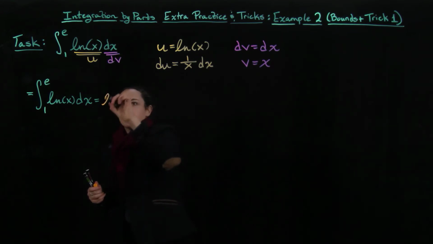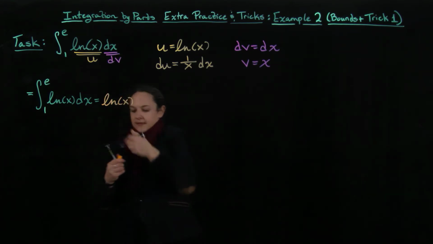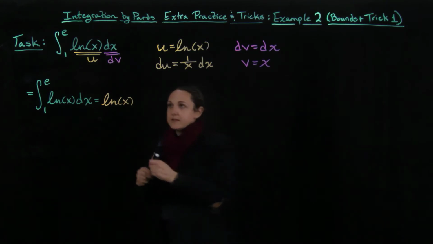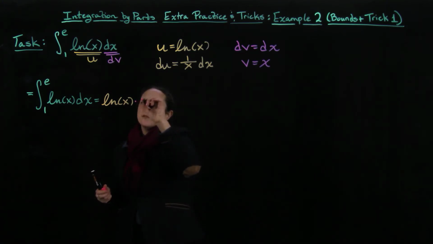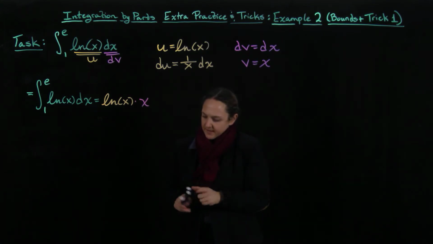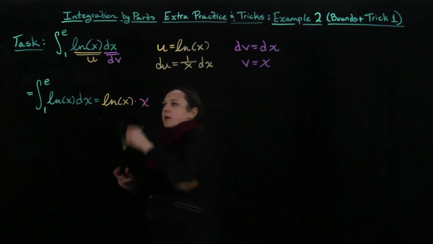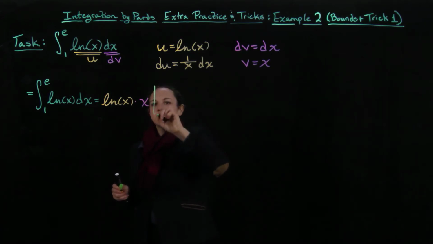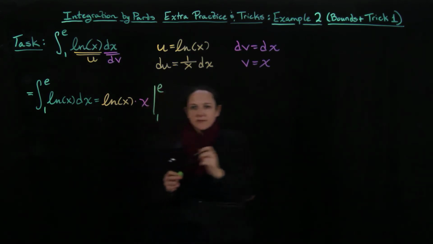So I'm going to have ln of x, so that's my u, and then I need my v, so that's x. There's no integration here, so it's okay that we have the natural log, and that's the only place it's going to show up. And then we can't forget our bounds, so we need to go from 1 to e. So we keep those in there.